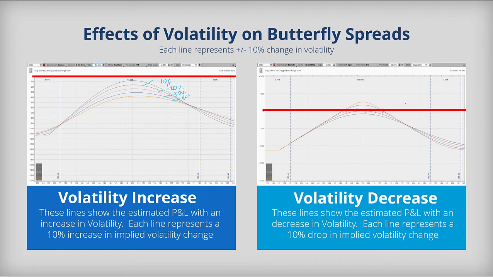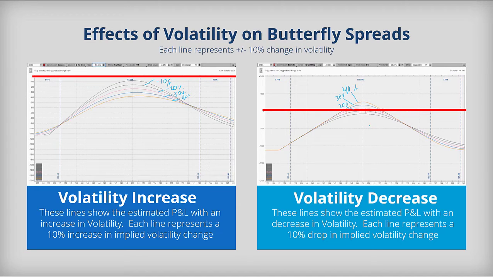What if volatility decreases? Well, if it decreases 40%, you can see that that's fairly good for our butterfly. 30%, 20%. So I just want you to take a look at these lines, and this is telling you, okay, we're going to get changes in volatility. This is how it's going to affect your trade. So if you need to get out of a butterfly early, or you plan to get out of a butterfly early, whatever happens with volatility is going to affect your profit and loss.